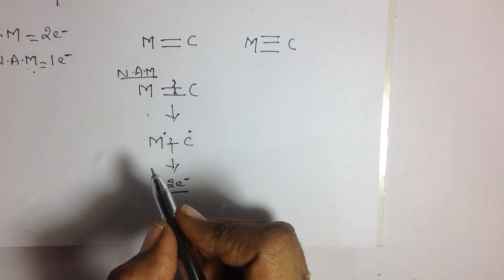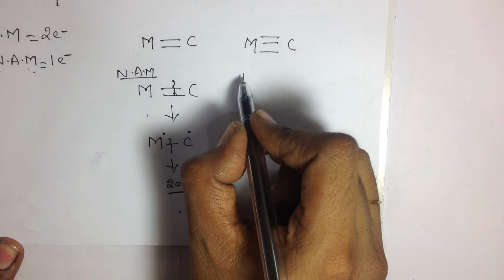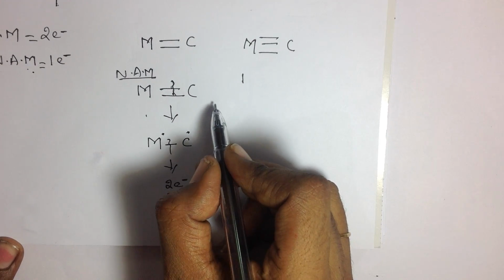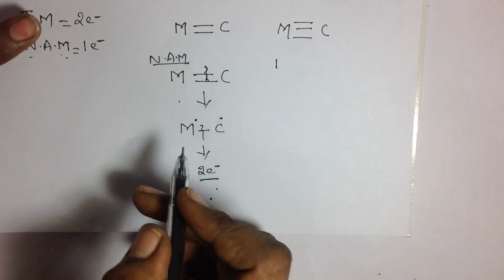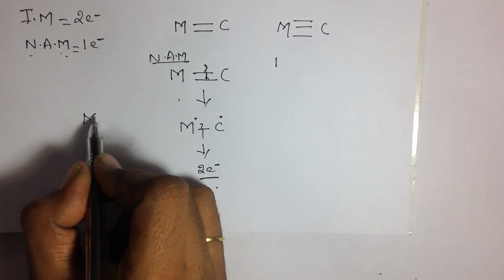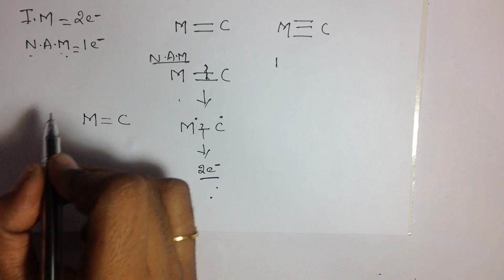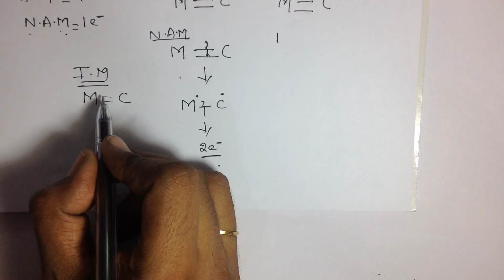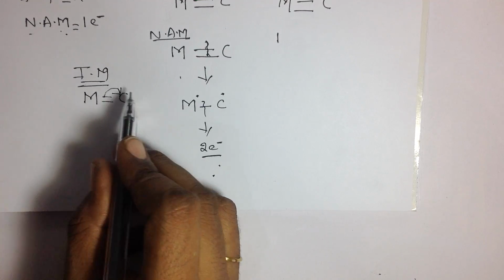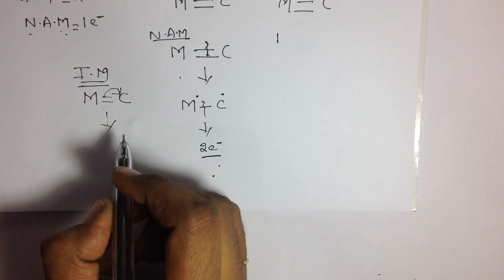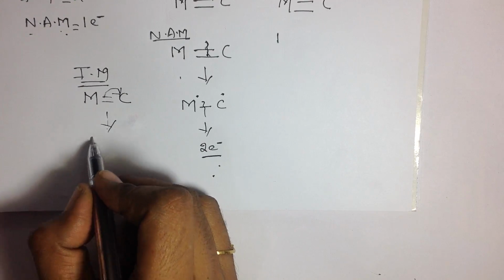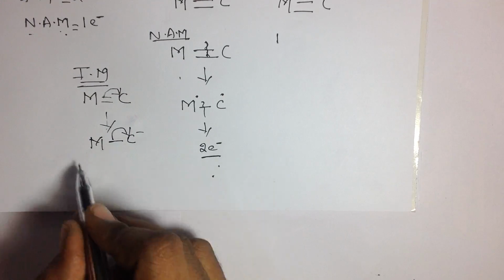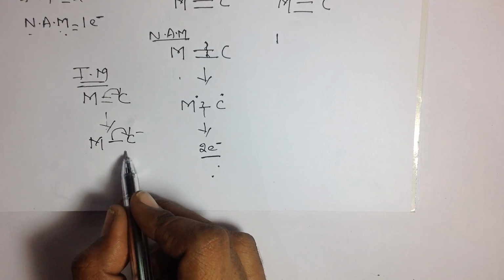Suppose in the case of the ionic method for the same double bond, following the same metal double bond case, first there is a shifting of electrons towards one side, and in the second case also you get plus and minus, again shifting towards the ligand side.